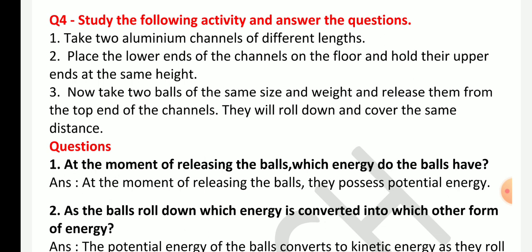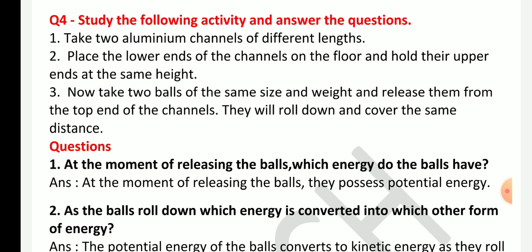Place the lower ends of the channels on the floor and hold their upper ends at the same height. Now, take two balls of the same size and weight and release them from the top end of the channels. They will roll down and cover the same distance. Understood the activity? Now let's answer these questions.